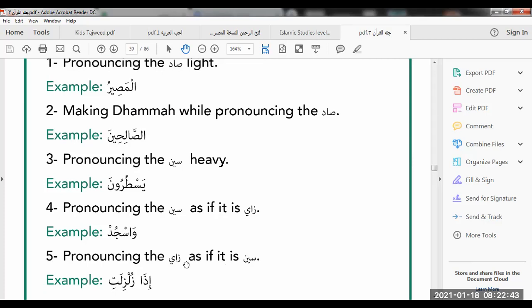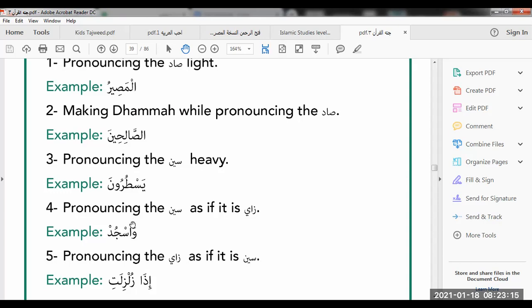Some people improve the ta as an إطباق letter and pronounce seen as صاد, saying يصطرون. It's wrong, but the right pronunciation is يسطرون.